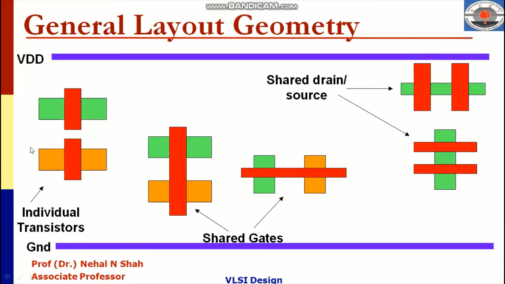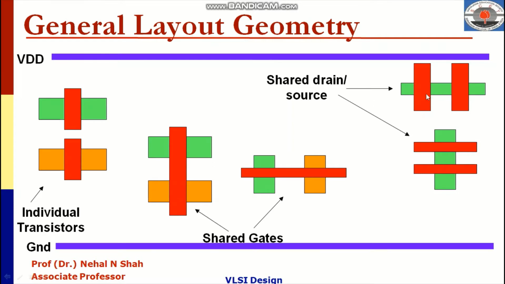In general, individual transistors which are shown over here, if we want to use shared gate, we can connect either both the gates vertical or we can connect both the gates horizontal. So this way we can share gates.